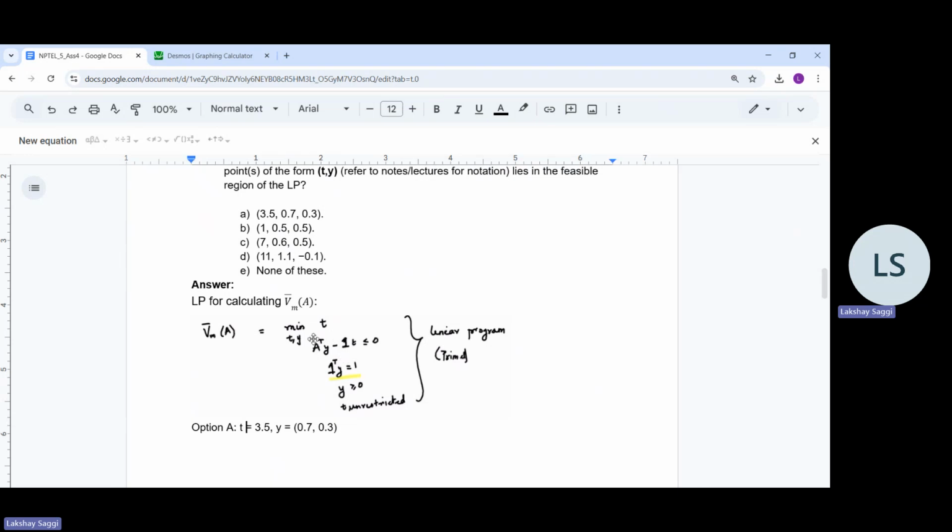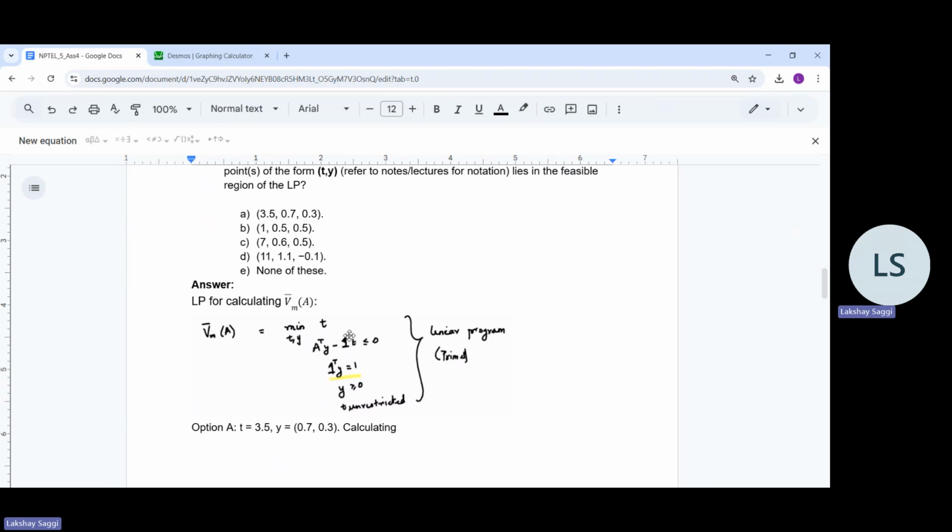The first set of constraints is that A transpose y minus 1 times t is less than or equal to 0. So maybe we should first calculate A transpose y. We should check what this A transpose y value comes out to be.